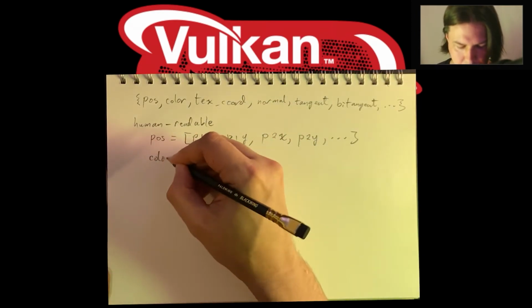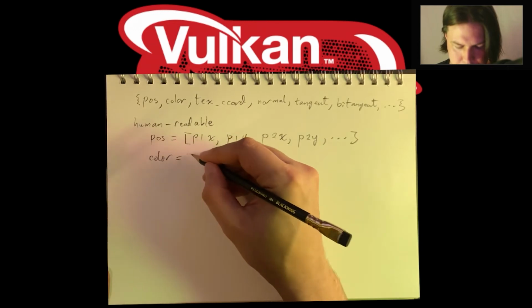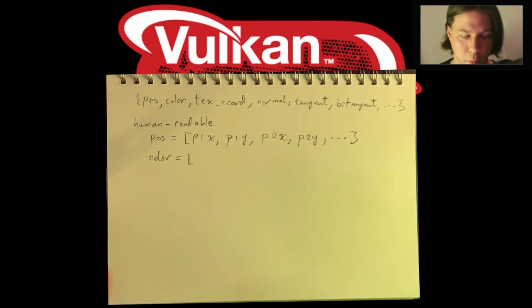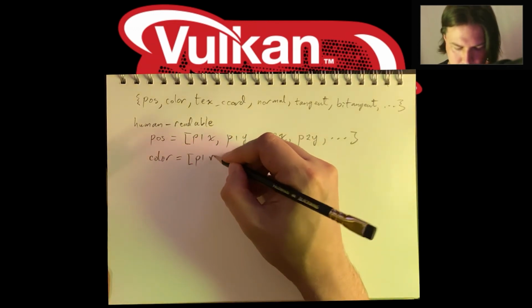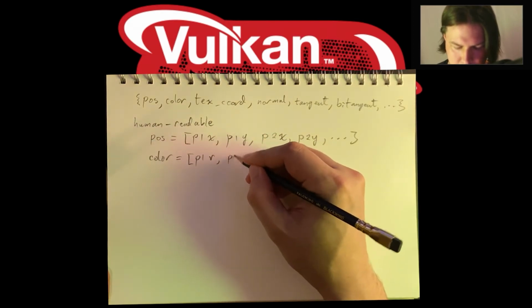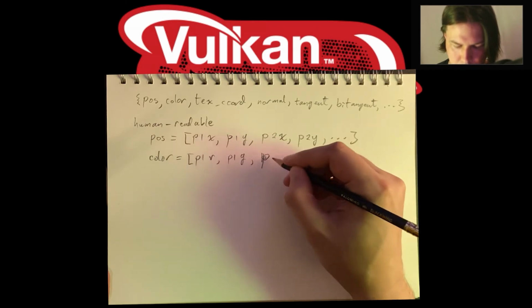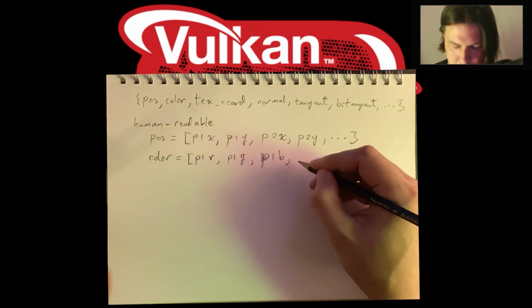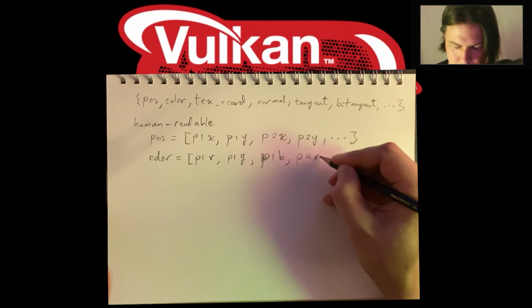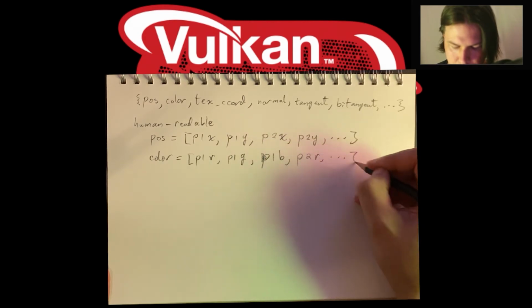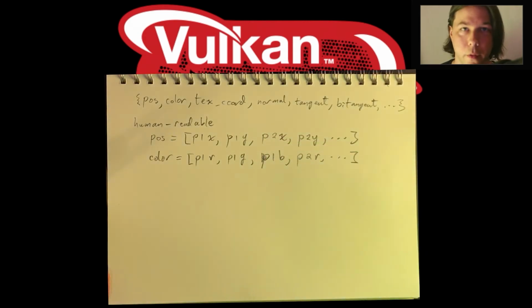And then similarly, we have the color, and we specify this point by point. So we have point 1 red color, point 1 green, point 1 blue, then on to point 2 red, and so on. So this is a perfectly fine way to do things.